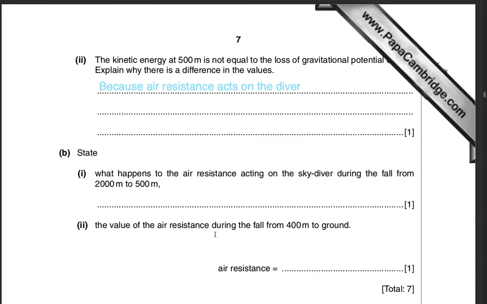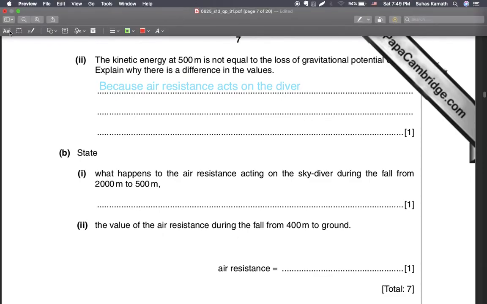State what happens to the air resistance acting on the skydiver during the fall from 2000 meters to 500 meters. The air resistance increases.